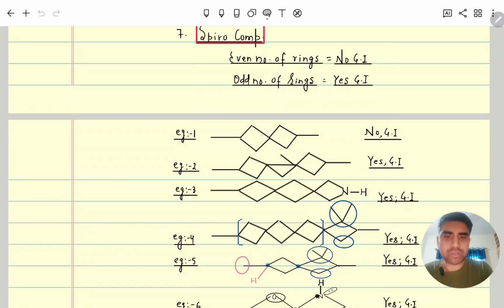So if the degree of unsaturation is 1, we can convert this to a double bond, here also a double bond. So in a conjugated diene system, if it is even it will not show GI, and if it is odd it will show GI. Similarly here also, if it is even it will not show GI, if it is odd it will show GI, because it will be in plane.